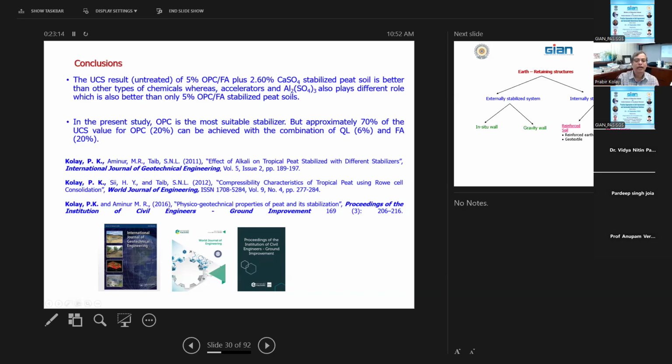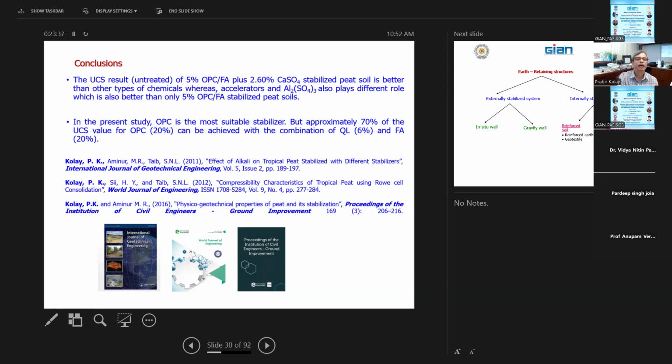Basically over here, you can find all this, whatever I just presented, in this journal paper. And I have some more, but I have not included it here. Okay. So this is basically the organic soil stabilization.